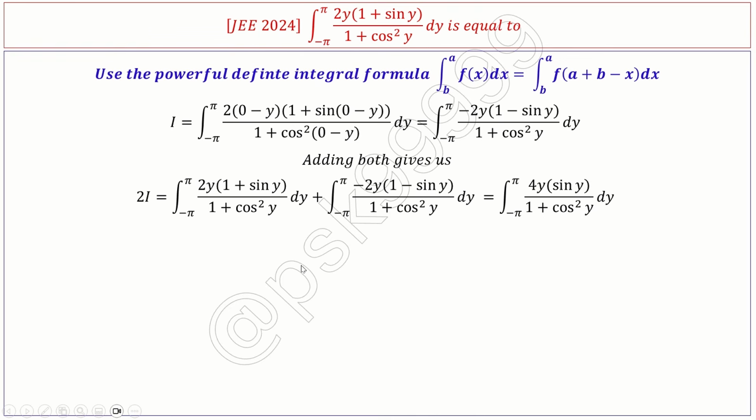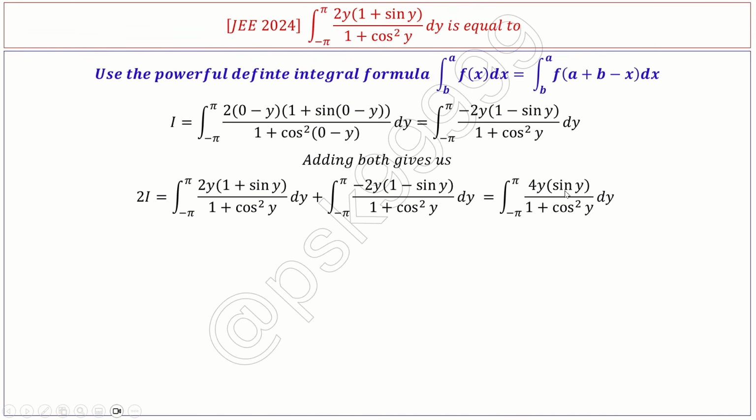Now again, we try to solve it the same way. Just before that, look at this. Whenever you see these limits as x and minus x, you can actually make it into 0 to x and 2 times the integration if this is an even function. Now this is an even function. If I substitute y equal to minus y, what happens?